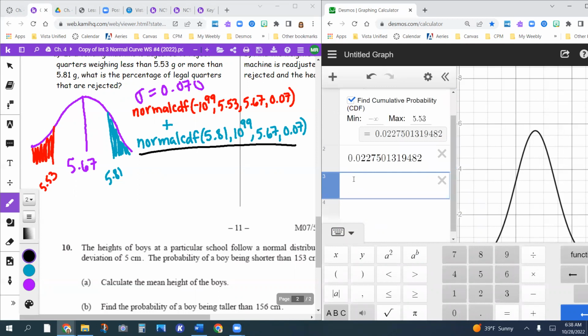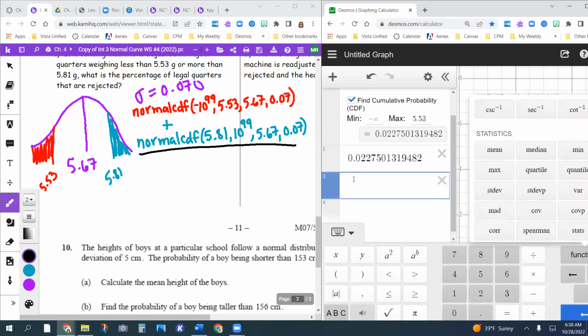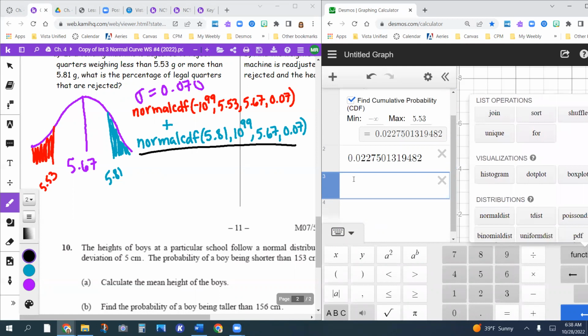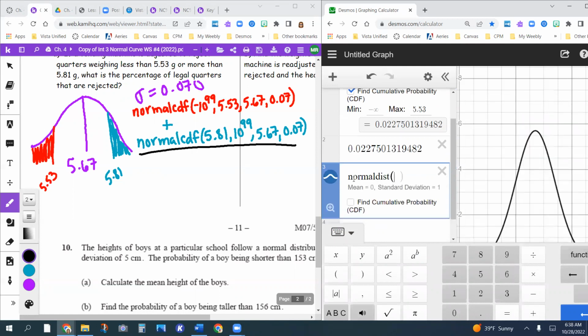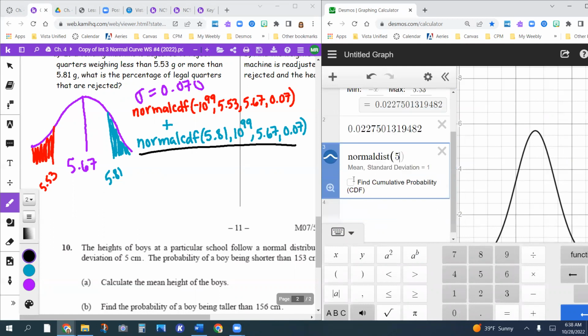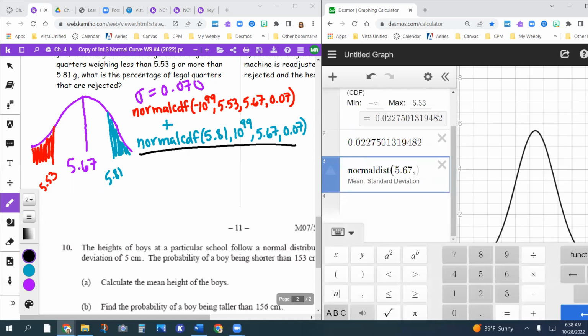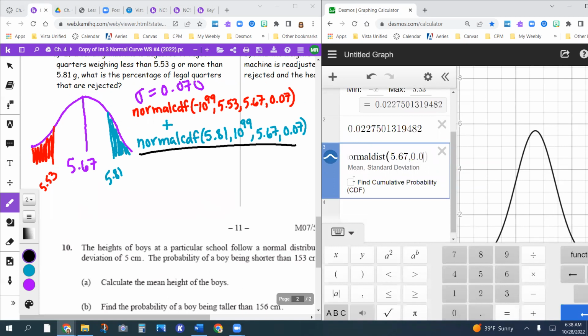And then I'm going to do the other way. So normal distribution, 5.67 and 0.07.